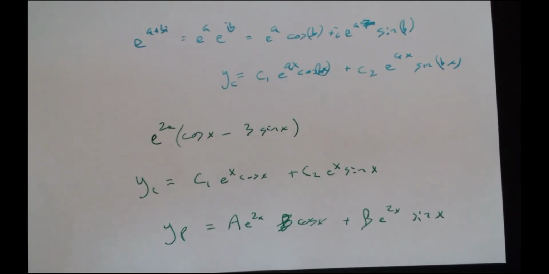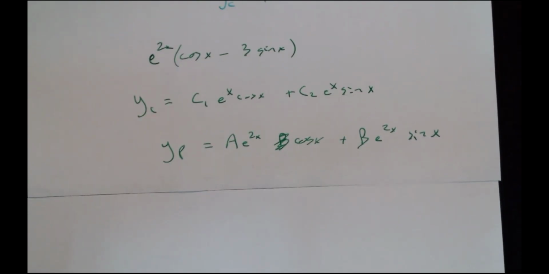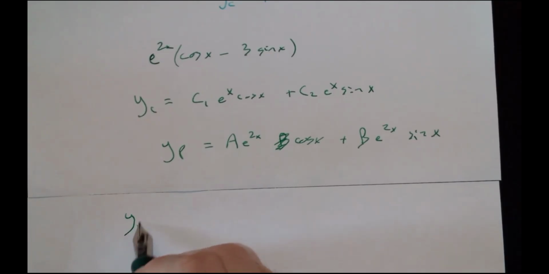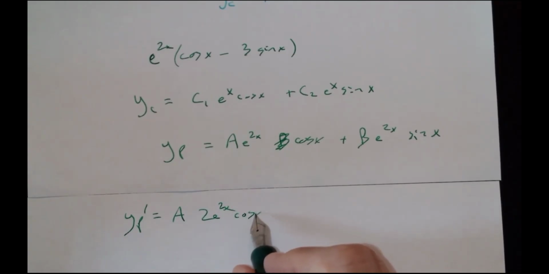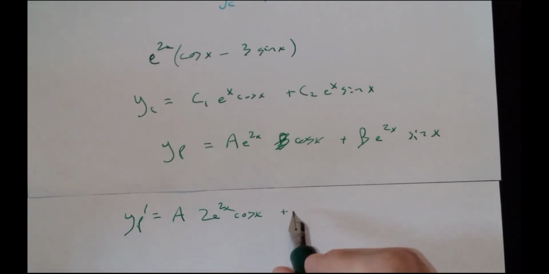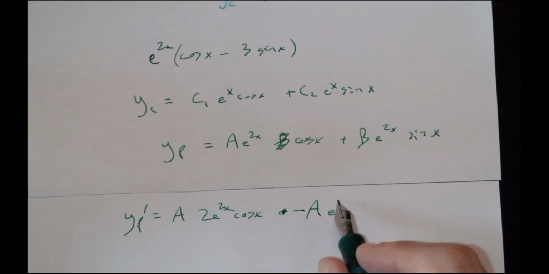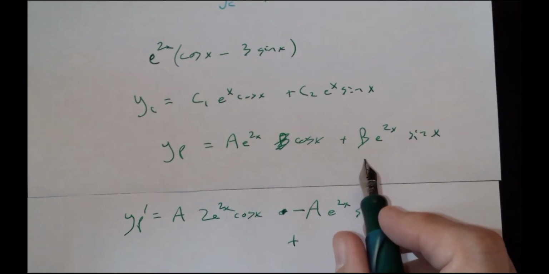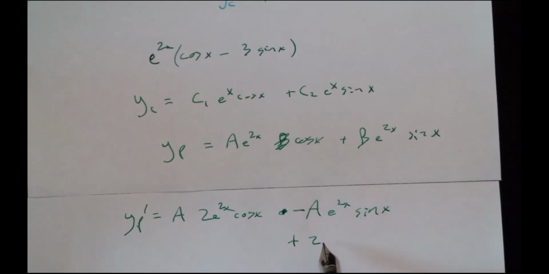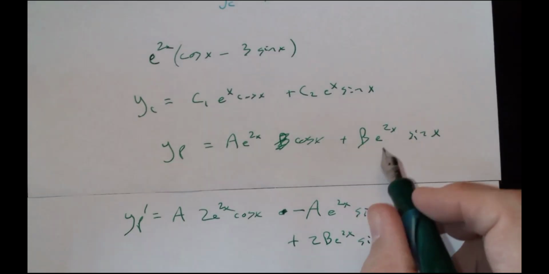Yeah. So here, we'll just do the first one. The first derivative, yp prime, a 2e to the 2x cosine x plus the derivative of cosine is minus sine, so change that to a minus a e to the 2x sine x plus, now I'm going to rewrite the order here, 2b e to the 2x sine x, because that's the derivative where I do the e.